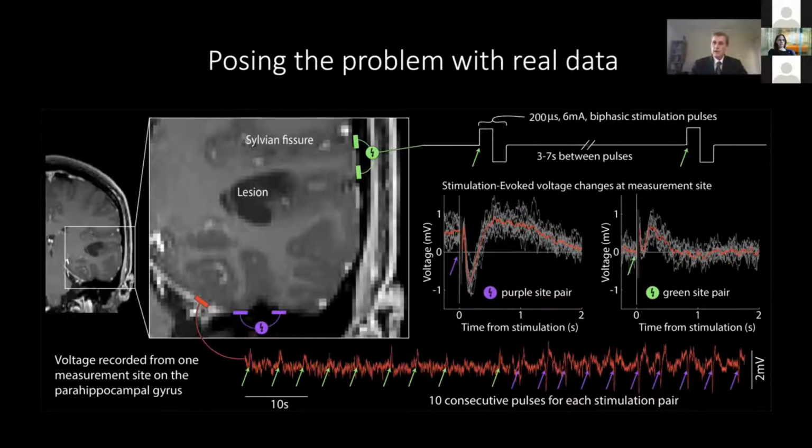Now, what we may ask is, because the shape of these two responses that we measure here at this red site, which happens to be on the parahippocampal gyrus, are so different, does that difference in the shape of the voltage response tell us about fundamentally different types of connectivity between this parahippocampal gyrus site in red and this site in the superior temporal gyrus in green, and the site in the fusiform gyrus and the inferior frontal gyrus in purple?